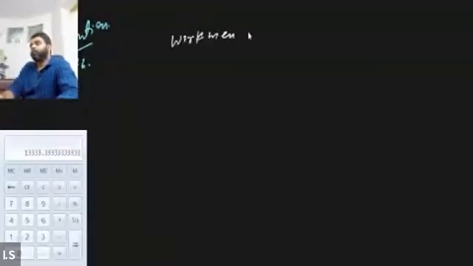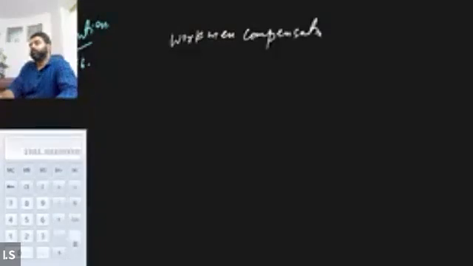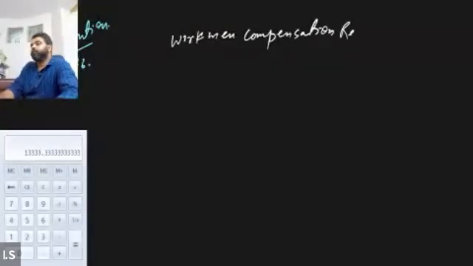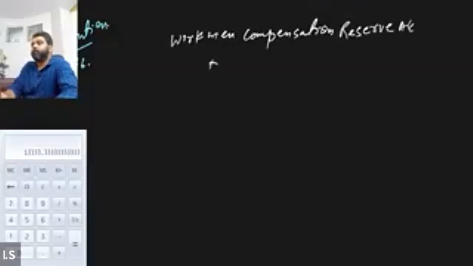Solution to question number 76. The journal entry that we will be required to pass in this question will be workman compensation reserve account debited to the partners capital account.